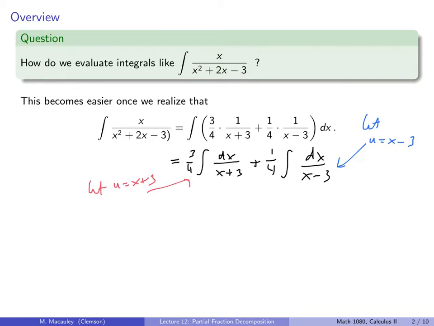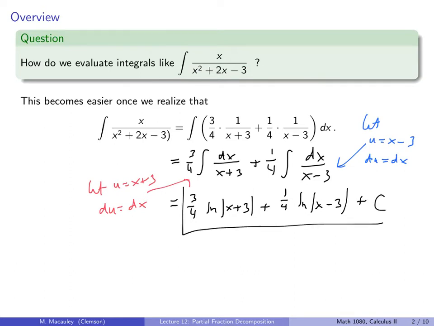In both of these cases you're going to get du equals dx. That's because the coefficient of x is 1. So I'm going to skip that step and just say that this one is equal to 3/4 natural log of x plus 3, and this next one is 1/4 natural log of absolute value x minus 3, and of course I need a plus c.